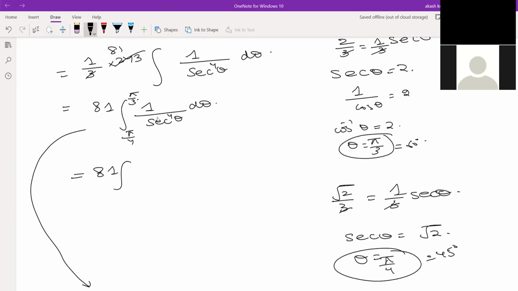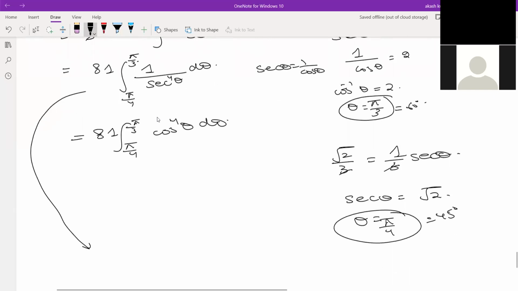Okay. Let's convert it into the sine and cosine form. So let's see if we can apply the identity. So 1 over sec^4 theta, can I write cos^4 theta d theta, because sec theta is equal to 1 over cos theta. So 1 over sec theta is equal to cos theta, and there is a power of 4, so it becomes cos^4 theta.